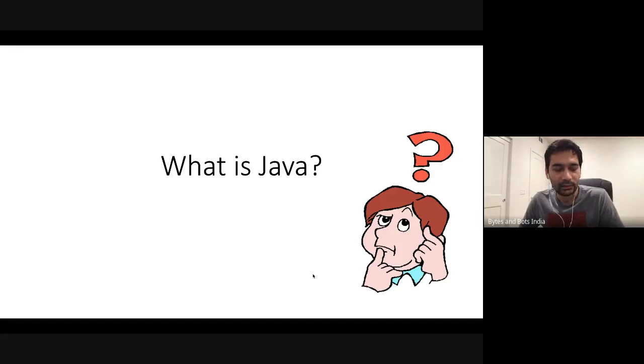Correct. So there's something called a JRE, Java Runtime Environment, as Kumar mentioned. So you need JRE to run a program. But does JRE have a compiler? Let me take it back. Just with JRE, you cannot write and run a Java program.